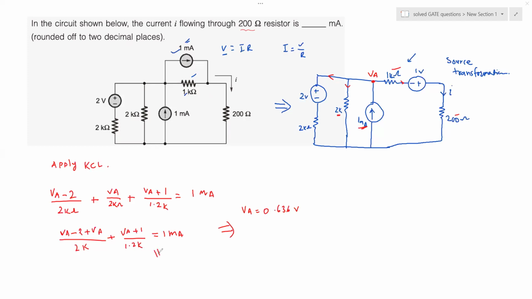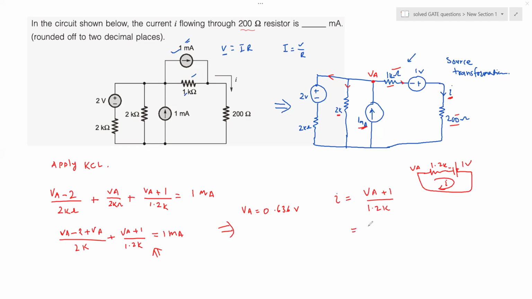You can also calculate this and write the value of VA. Once you obtain VA, the current is (VA plus 1) divided by 1.2 kilo ohm. Again, 200 ohm and 1 kilo ohm are in series. So this network has VA here, then 1.2K, and then this voltage source of 1 volt. That's the circuit you have, and that's the current you want to calculate.